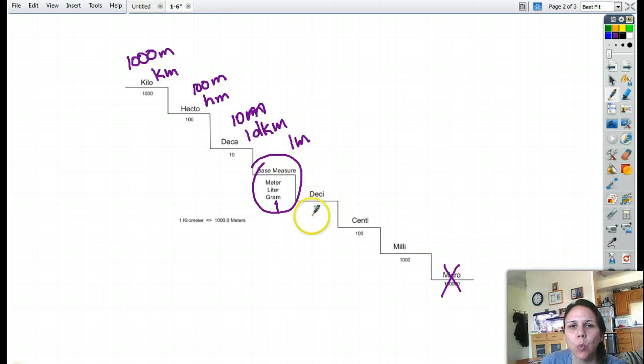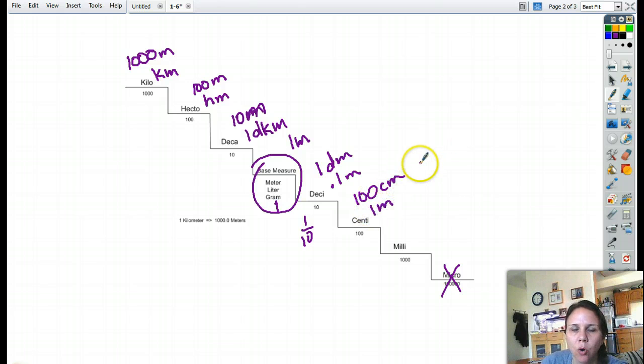Now deci is 1/10 of a meter. So 1 decimeter, now we're just DM, not DKM. 1 decimeter is 0.1 meters. Then we have centimeter. Centi means 100. So there's 100 centimeters in 1 meter.